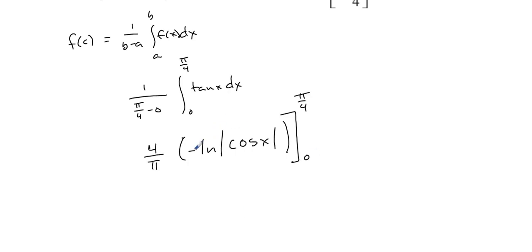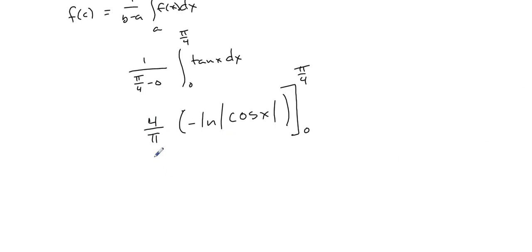Again, we could reorganize this a little bit, put the negative out in front. Just be careful with what you're doing. Sometimes I'll just leave the 4 over pi out in front, put a parentheses, so I don't confuse myself, because I'm trying to work quickly and not have to think so much, just react. Pi over 4, and then it'd be minus negative, right? So then plus.